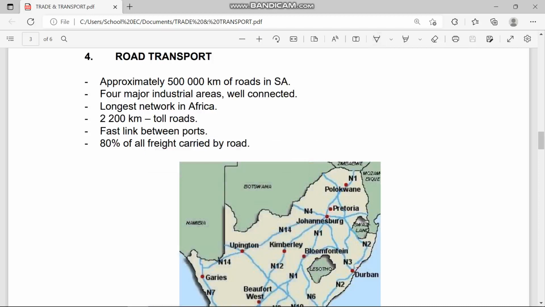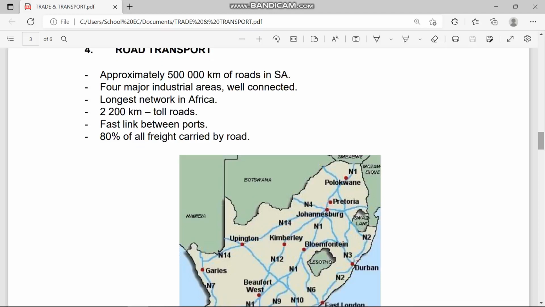So the fourth one is road transport. Road transport is the most common one, one that you all know, guys. But mostly we concentrate on national roads rather than provincial roads and local roads.